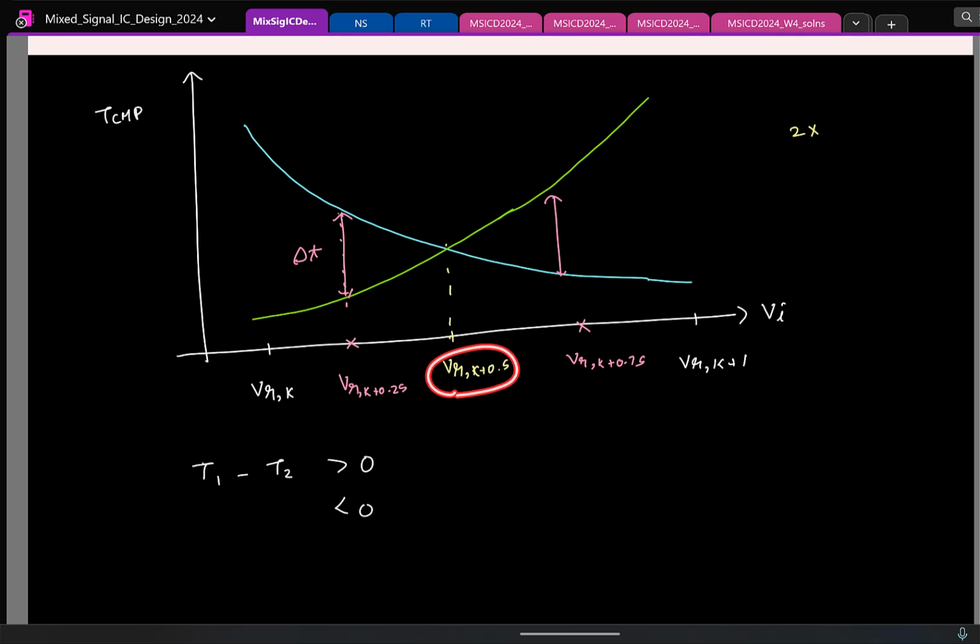When I had the middle reference, it just checked if one comparator finished before the other. But here, to make the decision, I have to see if the time delay is less than delta t or greater than delta t. So I have to compare with minus delta t, or say it's less than minus delta t. Similarly, on the other side, it is greater than plus delta t.